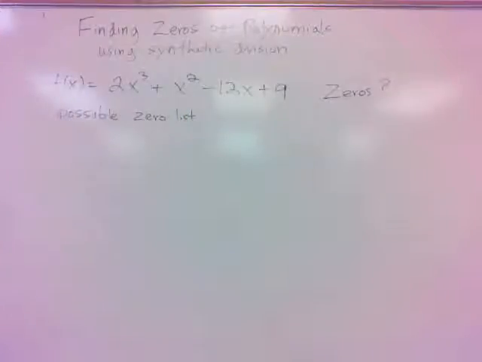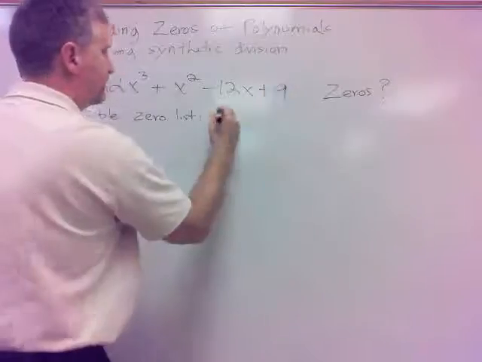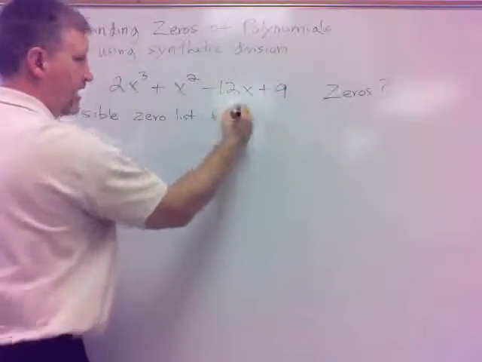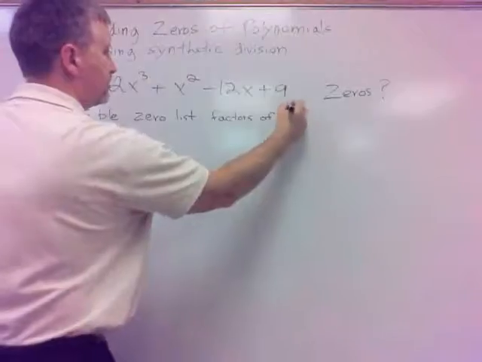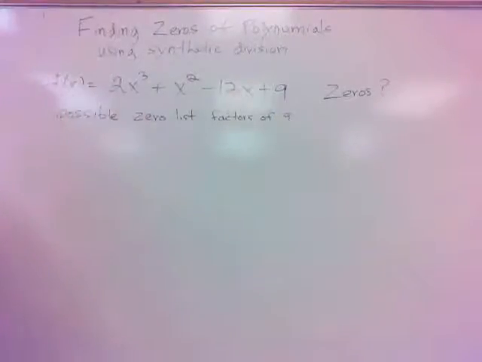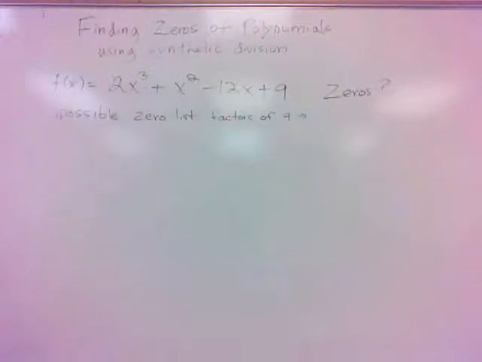Because it turns out on that list, we need factors of 9 as some potential zeros. Okay? So what are we talking about there?